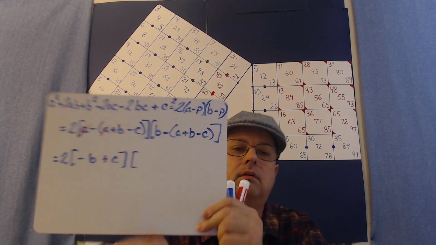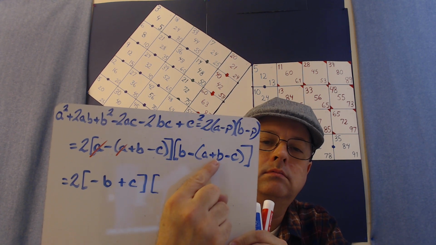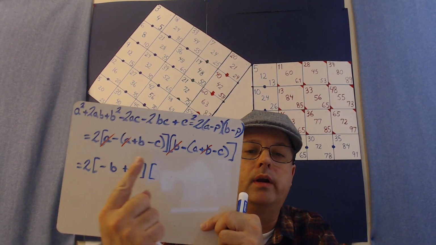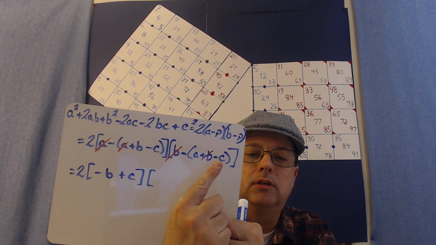Now then, in the other expression, the b's are going to cross out. b minus b there. That's going to cross out. And then we're going to have negative a, and negative times a negative is a positive c.